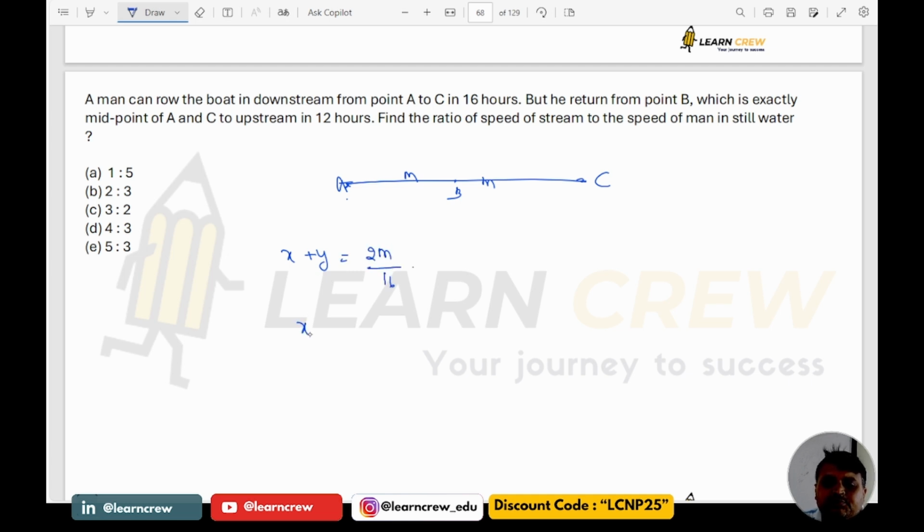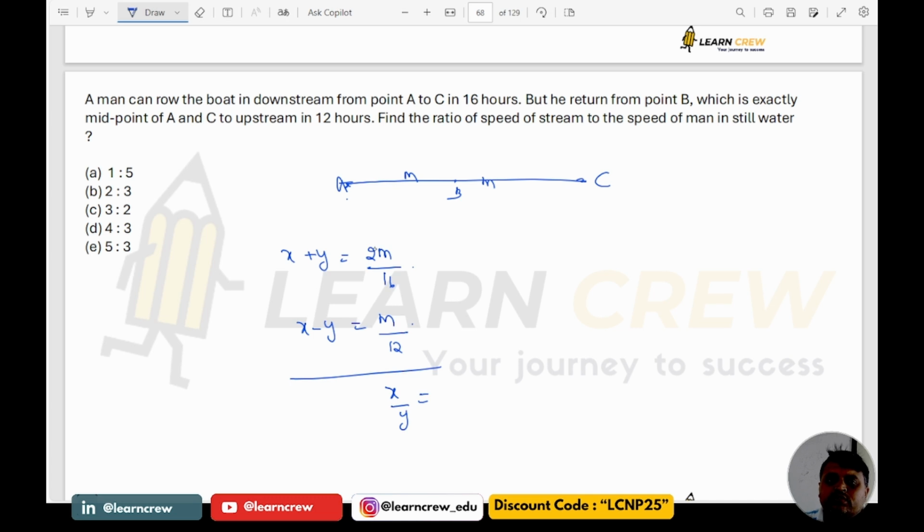And upstream speed, from here it is taking 12 hours, M by 12. If you solve these two, what am I going to get? If I equate M, what am I going to get?